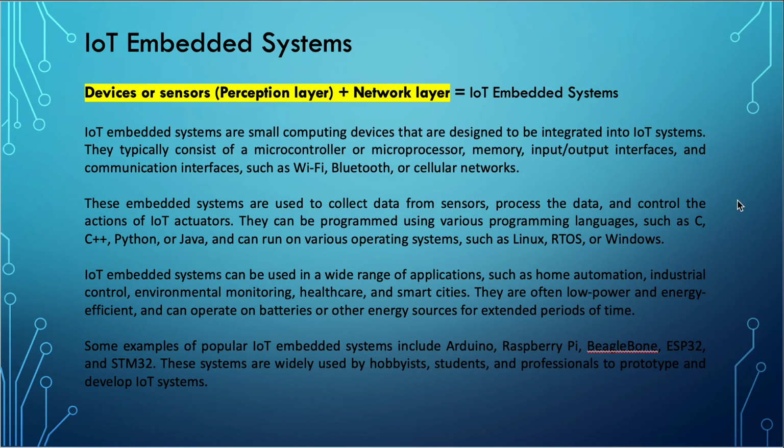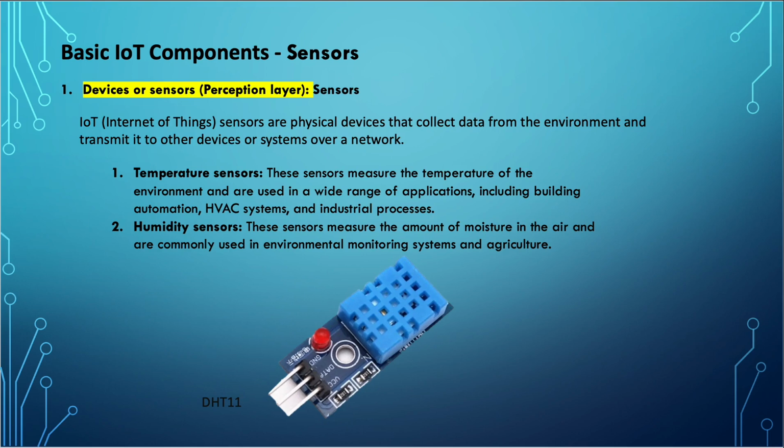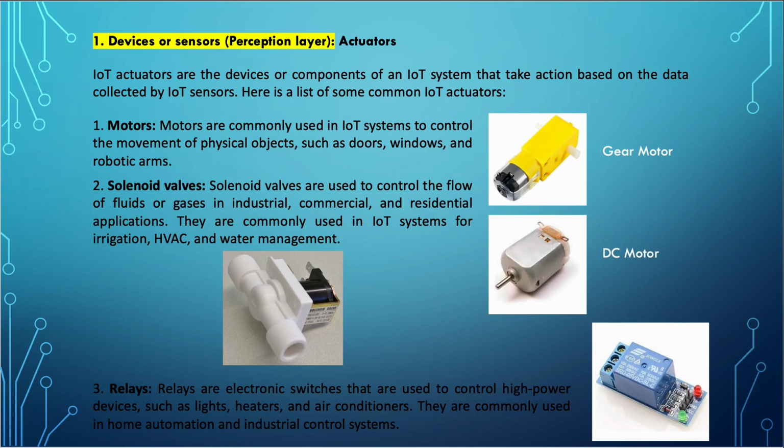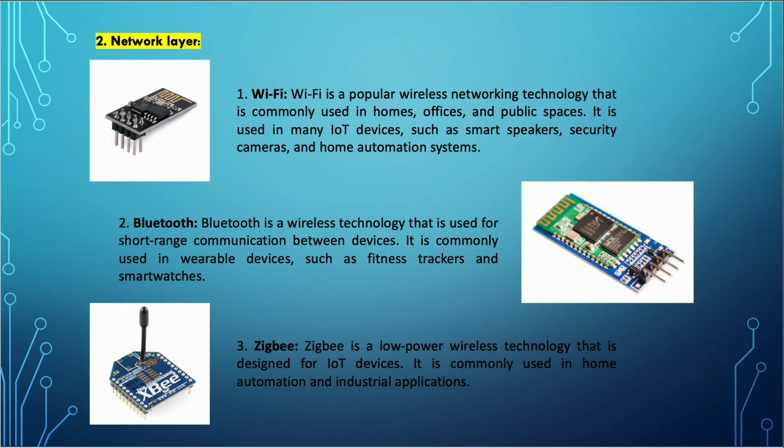So now we come to IoT embedded systems. Here is the main part that we should learn when building an IoT embedded system. Till this point, we talked about the perception layer, about sensors and actuators, how the sensors collect data, how the actuators work under commands, and then we talked about networking, right?